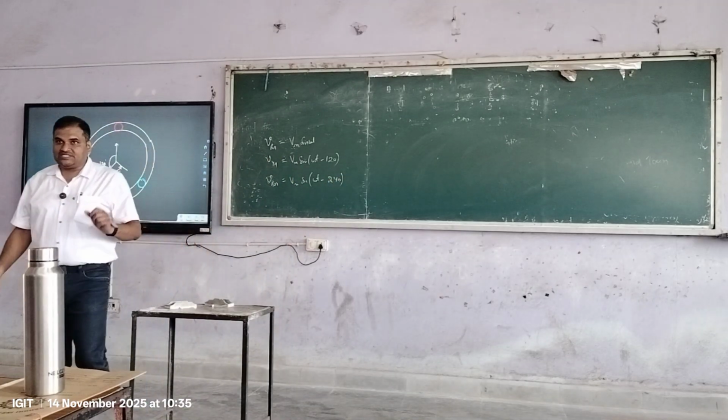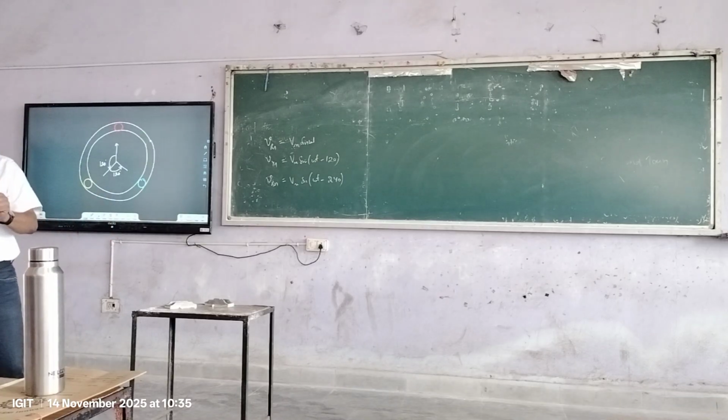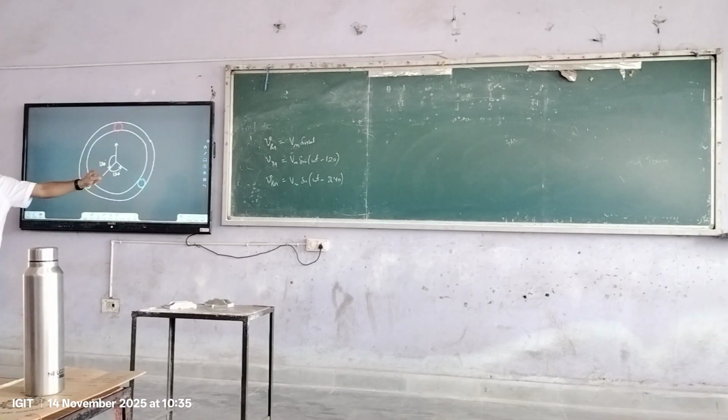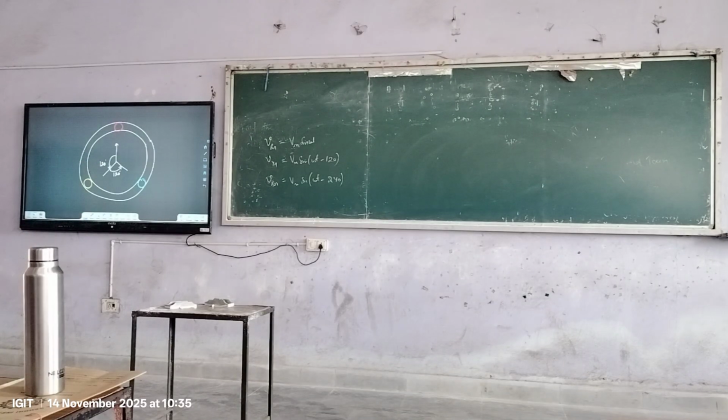We will give the supply to R phase, Y phase and B phase. In time, they are displaced from each other by an angle of 120. Understood? So they are displaced in time by 120, and in space also by 120.